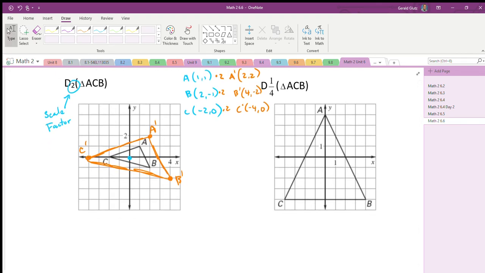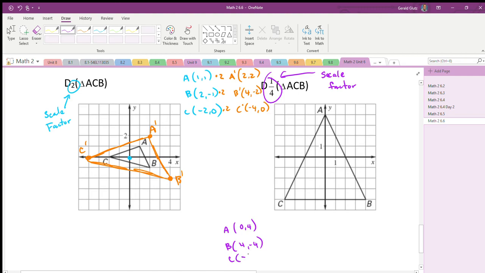And then finally, number 1. This time our scale factor is 1/4. So that means I would need to multiply each of these points by 1/4. So A is at 0, 4. B is at 4.